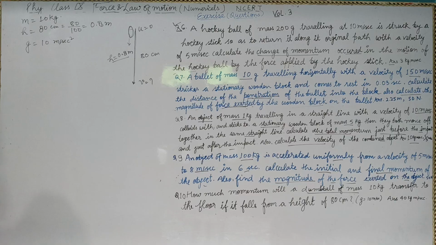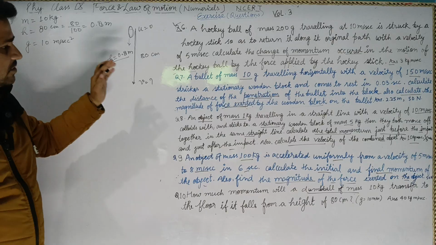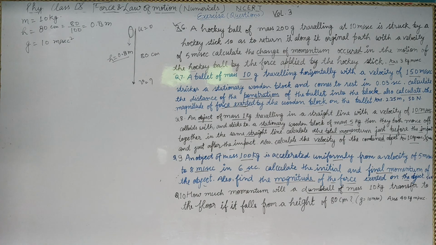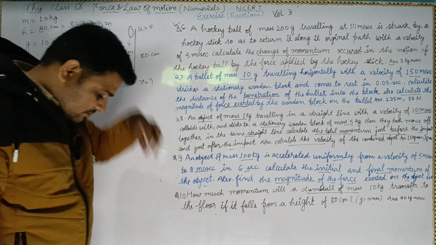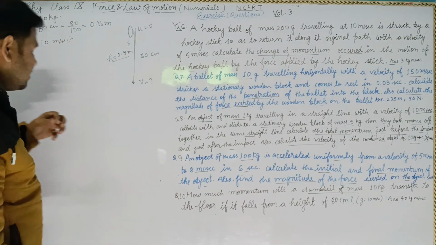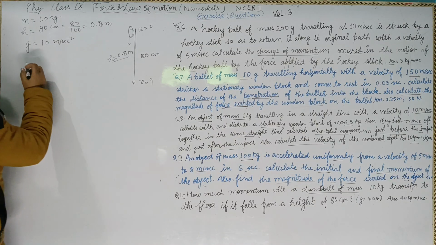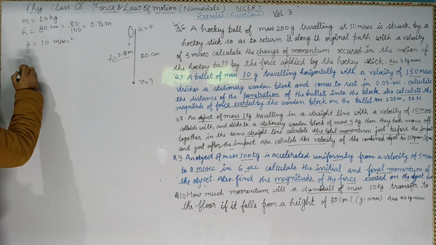In this case height is given, mass is given, g is also given, but time is not given, so we cannot use the second equation of motion and first equation of motion. We can use only the third equation of motion, since it is under gravity.